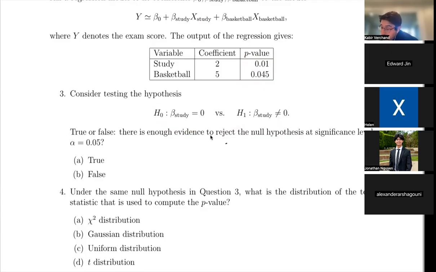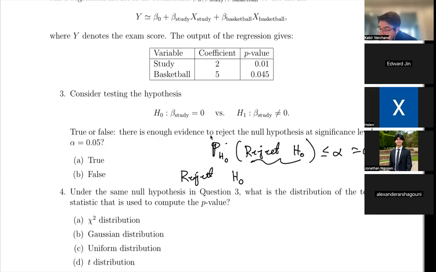Remember, in order to reject this null hypothesis at significance level alpha equals 0.05, we want a test which does the following. This is our type 1 error. We want to control our type 1 error at level alpha, which is 0.05. The canonical test that we use is to reject H naught if the p-value is less than or equal to alpha.